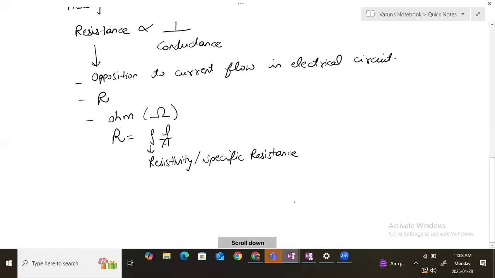Basically, conductance is the inverse of resistance.